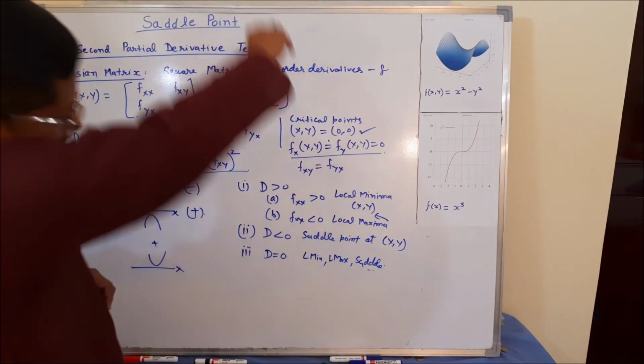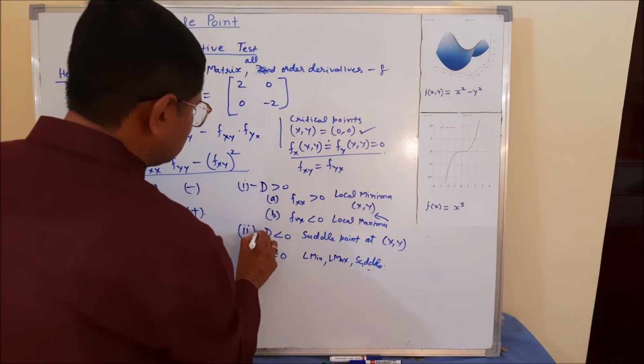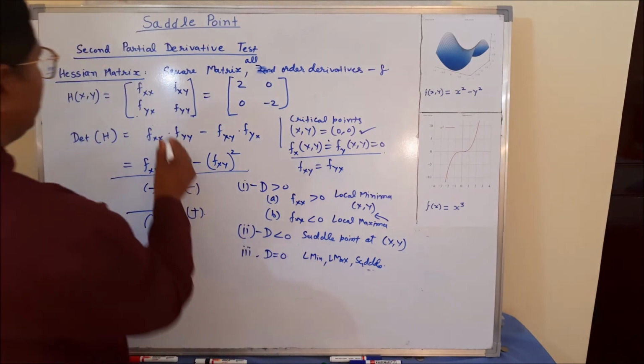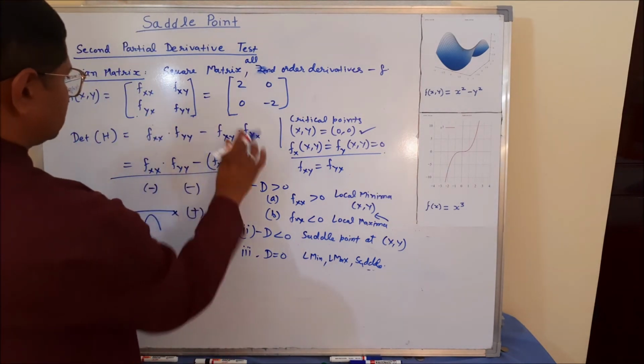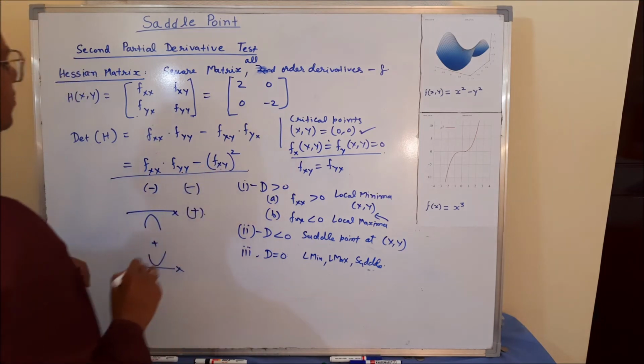So anything is possible. Now the value of this determinant or these scenarios will depend upon these three things: fxx, fyy, and fxy value.